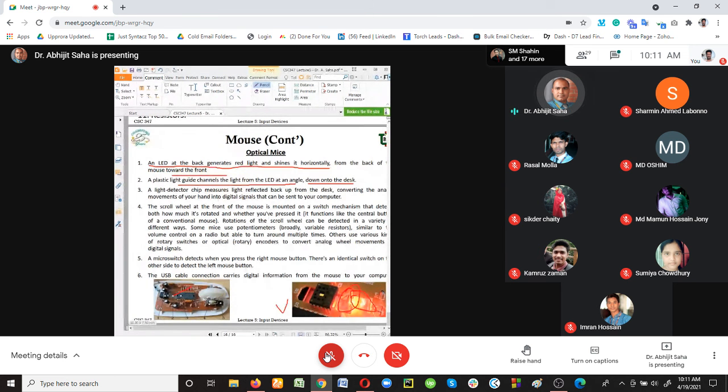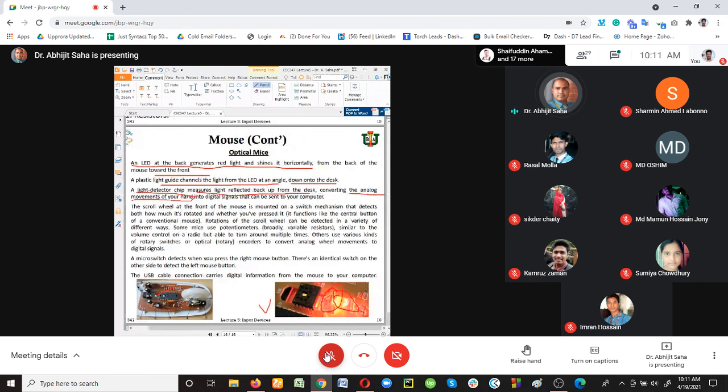So the number 3 that you are having here is a light detector chip, which measures light reflected back up from the desk, converting the analog movement of your hand into digital signals that can be sent to your computer.